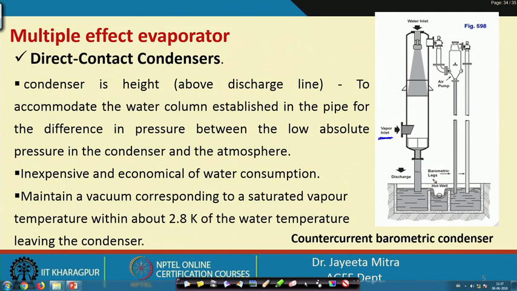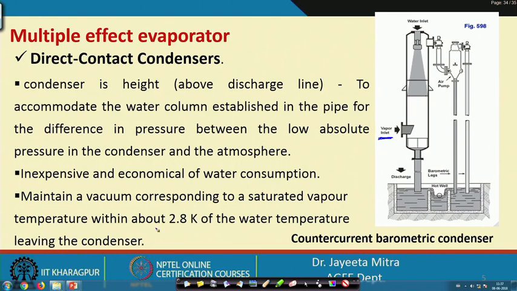Because of atmospheric pressure, it tries to maintain a liquid column inside the direct barometric condenser. So, that is why we need to keep the condenser at a specific height above the discharge level, and these are very inexpensive and economical in terms of water consumption.